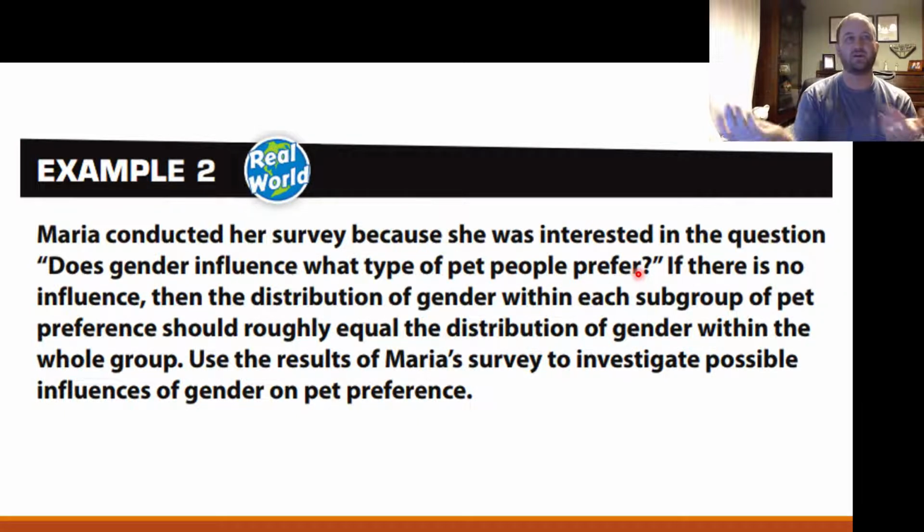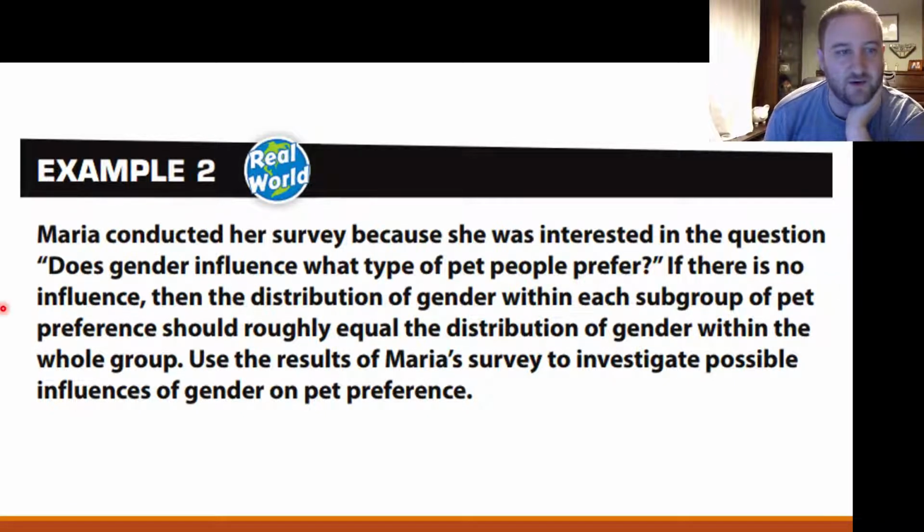So basically she wants to know, do more boys prefer dogs than girls? Or are girls more inclined to like cats than dogs? Or are boys more inclined to like cats than dogs? She's trying to figure out if there's a relationship between what gender you are and what type of pet you prefer.